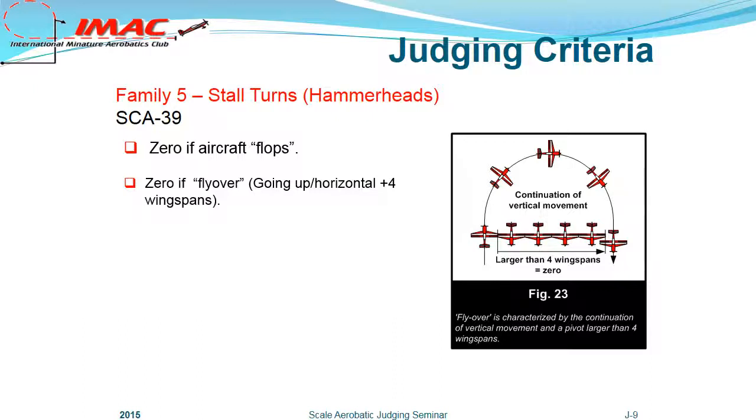Judges must be careful to recognize an apparent flyover that may be partially caused by wind drift, especially should the pilot opt to pivot with the wind. Lastly, a 0 is awarded if any visible backward motion of the aircraft is shown, as in a tailslide.